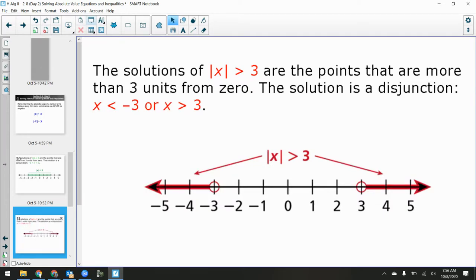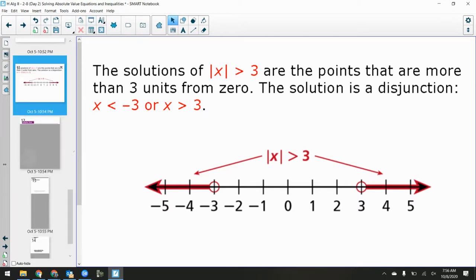That's why this is an or inequality. It could be one or the other. I could be negative 4, negative 5, or positive 4, positive 5, still following the rules of the open circle or the closed circle. But now if I've got a greater than, this is actually an or. It's a disjunction. Less than means a conjunction. Greater than means a disjunction.